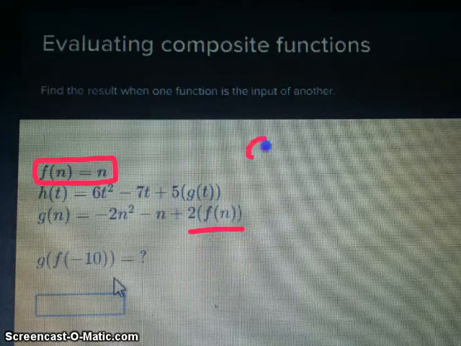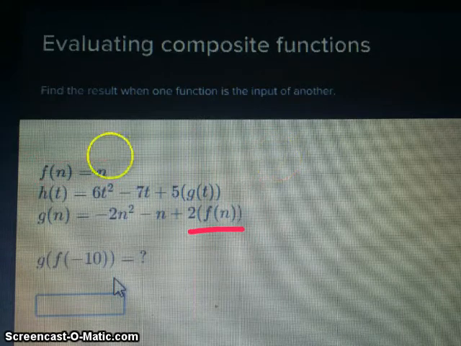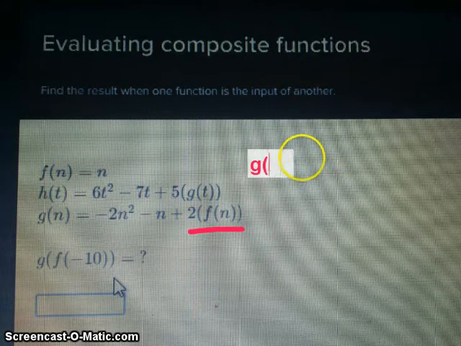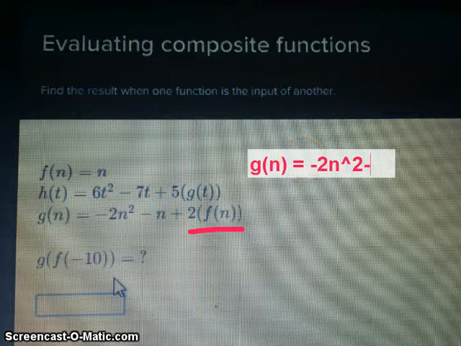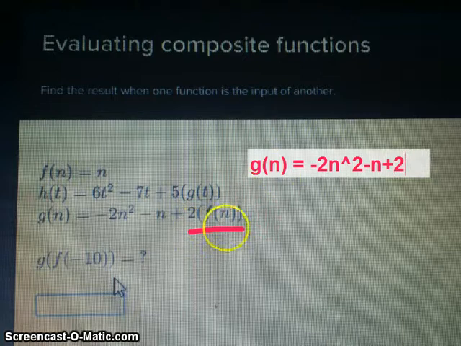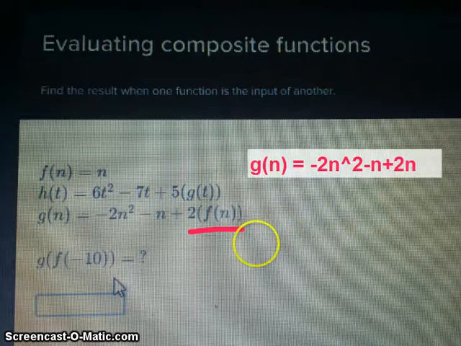So g of n equals negative 2n squared minus n plus 2, and normally here you would put f of n as seen right here, but f of n is equivalent to n, so you can put n in that equation.